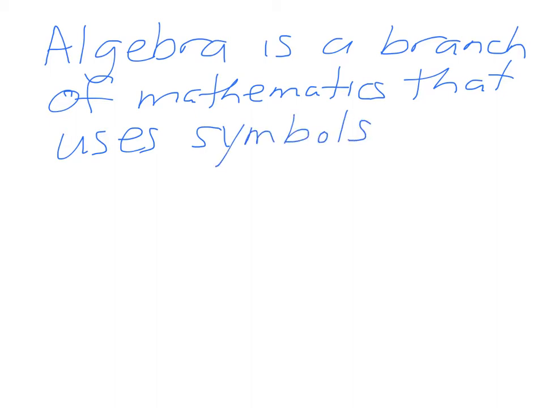So instead of always having numbers, now all of a sudden our numbers are going to disappear and we might use different types of looking symbols. Now, some symbols could be the operation symbols: add, subtract, multiply, divide. But some of those symbols could be variables.